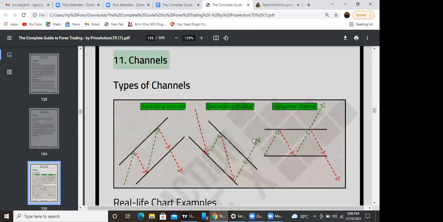Okay, so channels. When they talk about channels, we can have the horizontal channel, the upward channel, the downward channel. A channel is when the price is between two parallel lines.